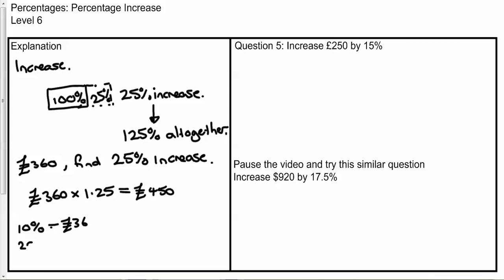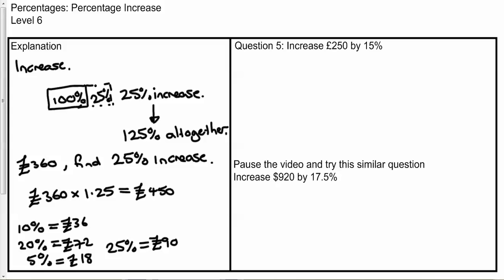If you want to check that, you could find 10% of 360. You could therefore double it to find 20%. Half of 10% will give you the 5%. And then if you add all of these together, so if we had 72 and 18, then we see that £90 is the 25%.